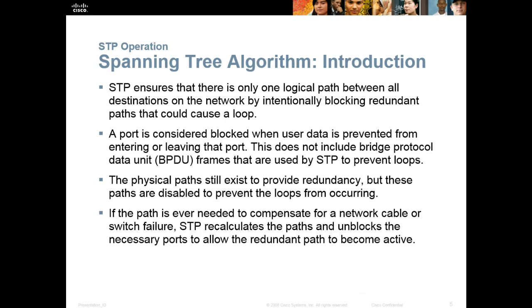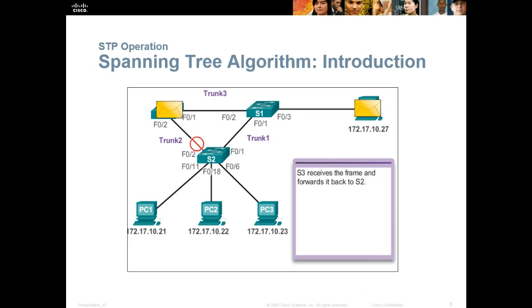And how does spanning tree do this? Well, it uses something called the bridge protocol data unit. So when all the switches come up, they're all equal, and then they're going to determine who gets to be the main switch, and they'll send out bridge protocol data units, and the lowest number will be determined to be the root switch, and then the others, and we'll talk about how that works, will determine which ports to shut down.